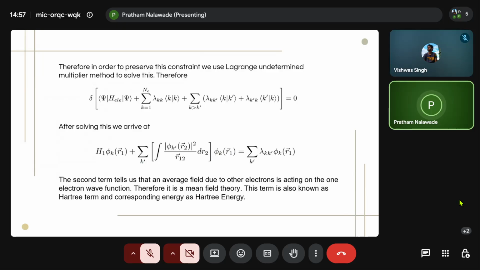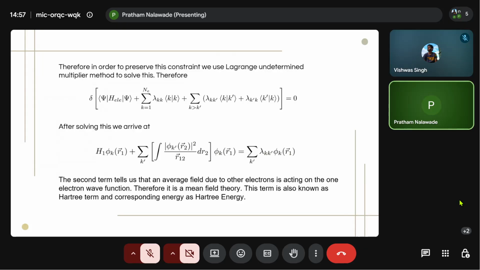That is the probability of the k prime electron, and then you are summing it over. So this is where the idea of mean field comes from. Essentially you are only looking at one particle, that is one electron, and all the other interaction has been dumped into this second term, which is just an average over all the field around. This is like an external potential which is seen by R1, just seen by phi of k.